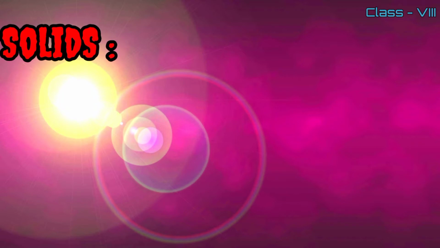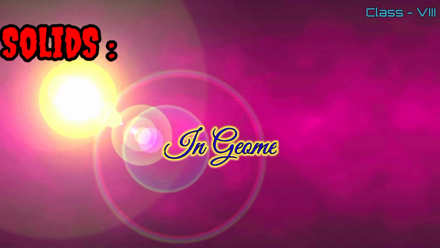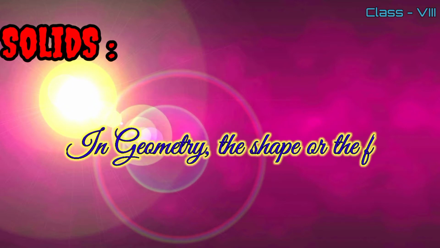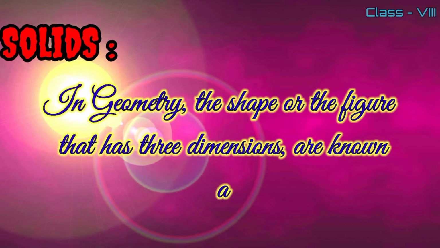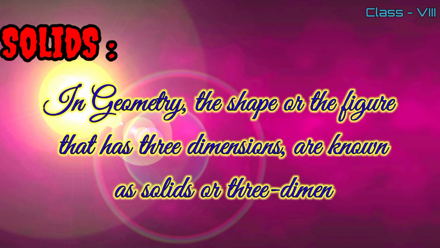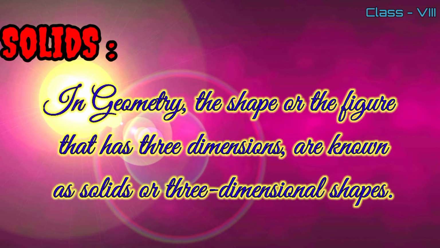That is, what is the definition of solid? The definition is, in geometry, the shapes or figures that have three dimensions are known as solid or three-dimensional shapes. Here, three dimensions are length, breadth and height.